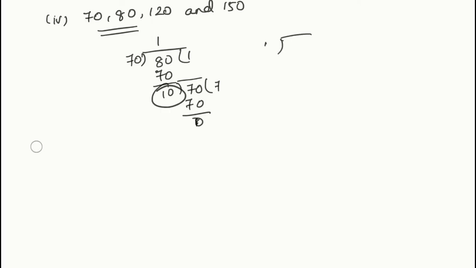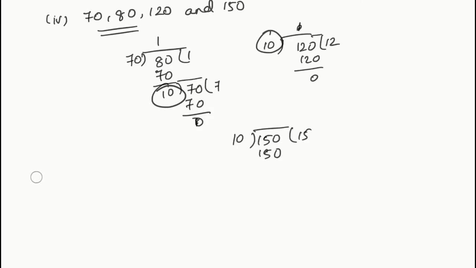Let me continue with that 10. 10, 120. It goes how many times? In 120 it will go 12 times. So 120, 0. Again with this 10 I'll do the next number, 150. 15 times 150.